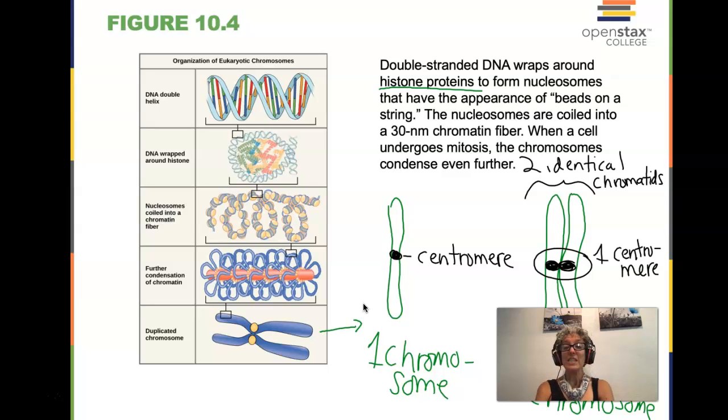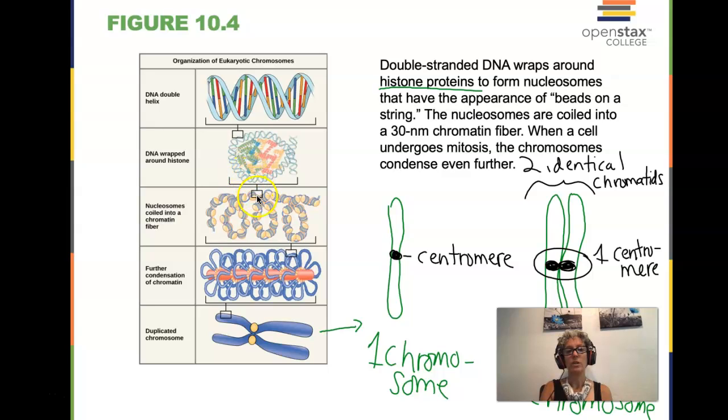Getting into the details of mitosis. The DNA in our cells, when they are not dividing, is very relaxed. It's still condensed so that it fits inside of our cells, but not as condensed as it will have to be in order to do mitosis. So if we look at DNA as its double helix, it does wind around histone proteins to form nucleosomes, and so this here would be only this tiny little part where DNA is wrapped around the proteins.